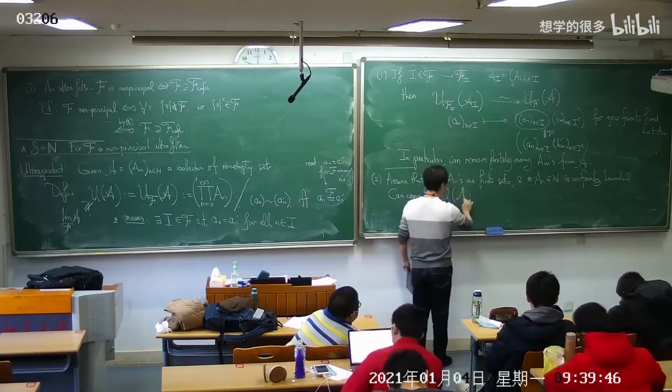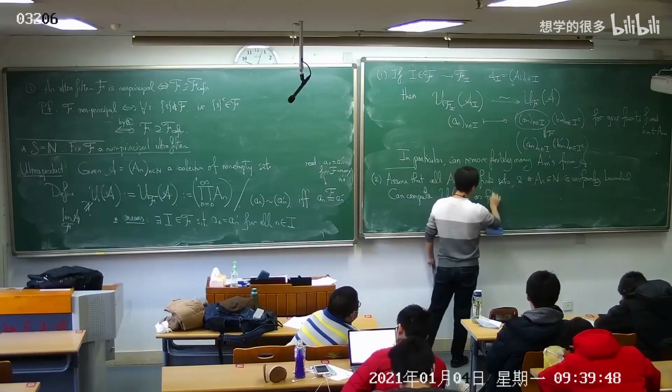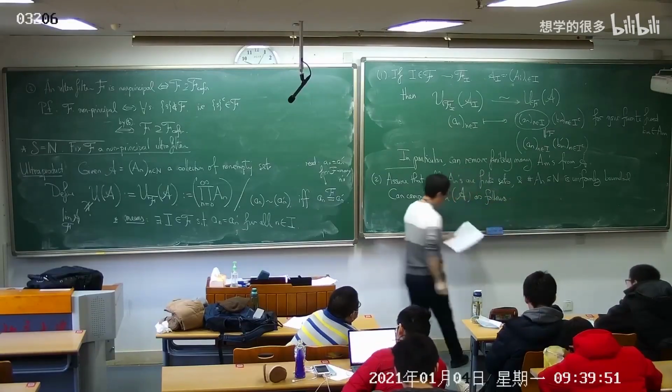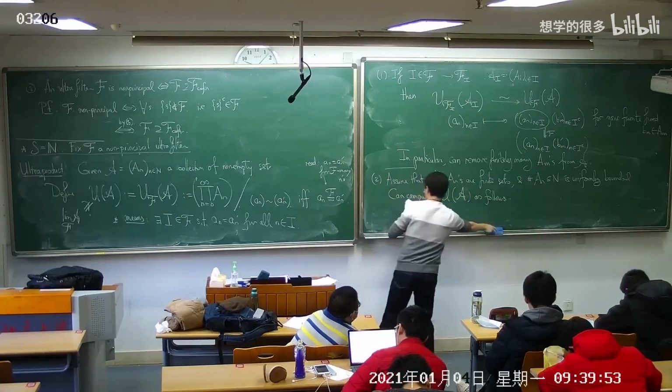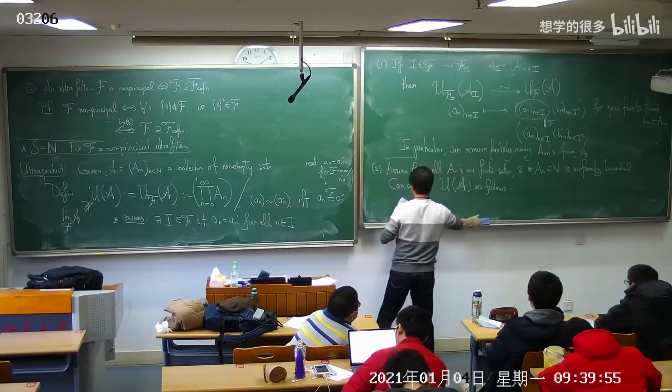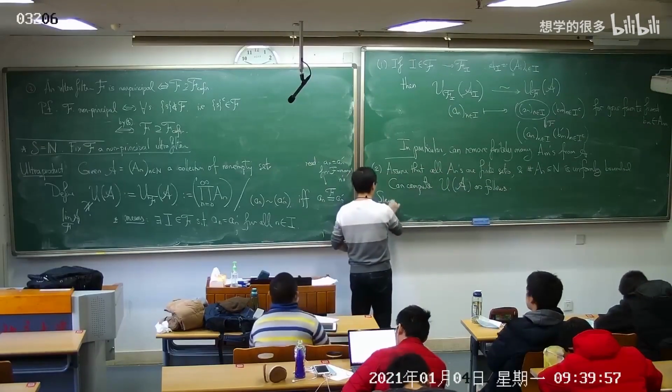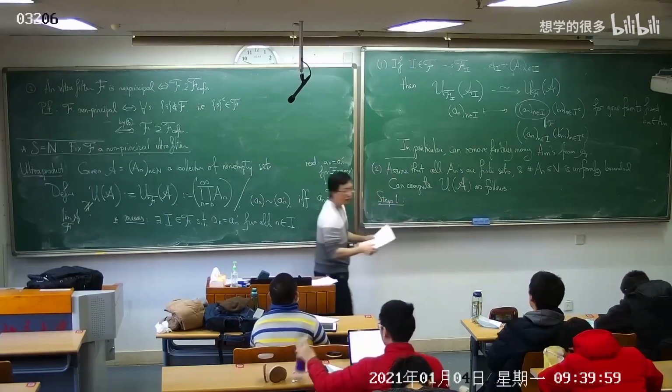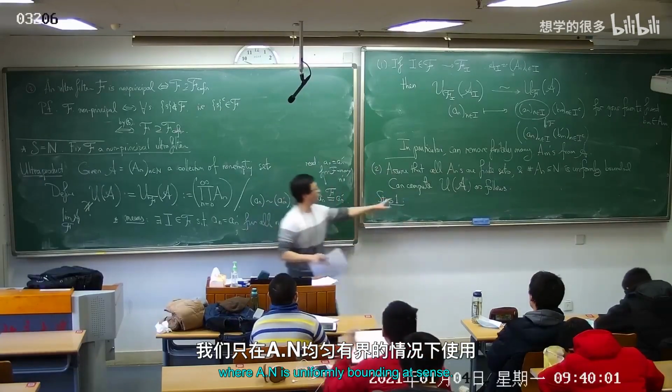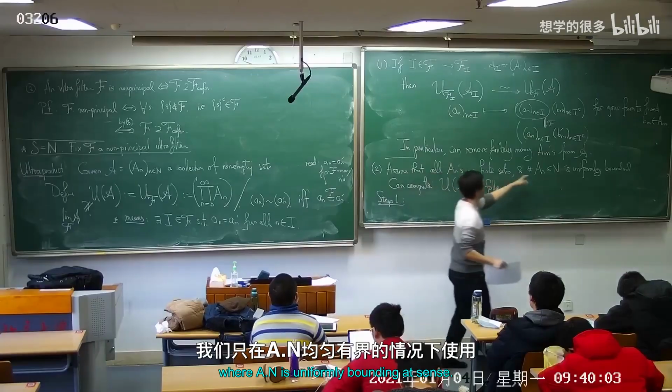Let's make a computation. So step one. This will give you a way to compute. We're only going to use this in the case where A_n is uniformly bounded as sets.